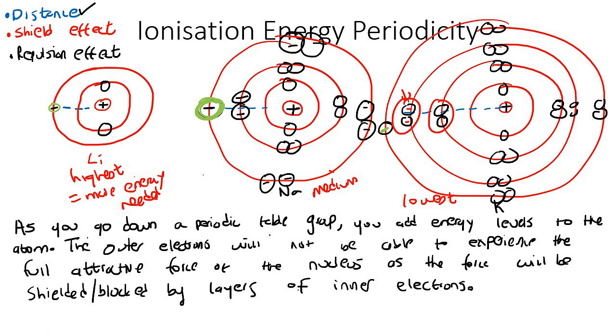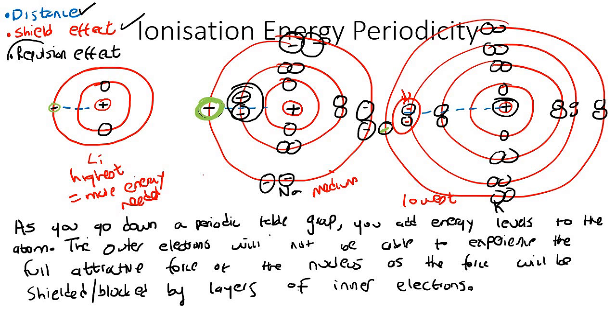Okay, that's the shielding effect. It's when these electrons over here and these electrons here and here, they get in the way and they block or they shield the effect of this nucleus trying to attract this electron on the outside.